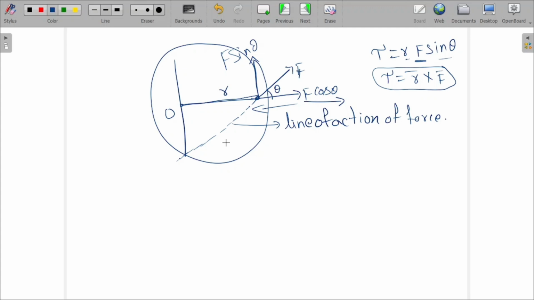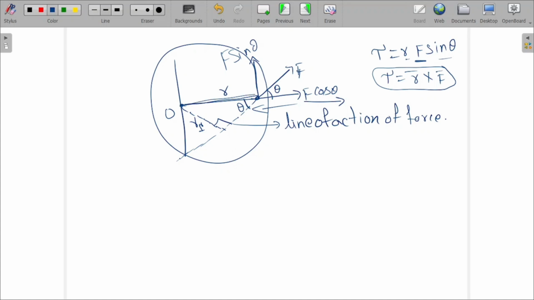From the point you have considered as origin, to this line of action of force, if you draw a perpendicular, then this will be called the perpendicular distance r. If this is an angle theta, then this angle is also theta, right?